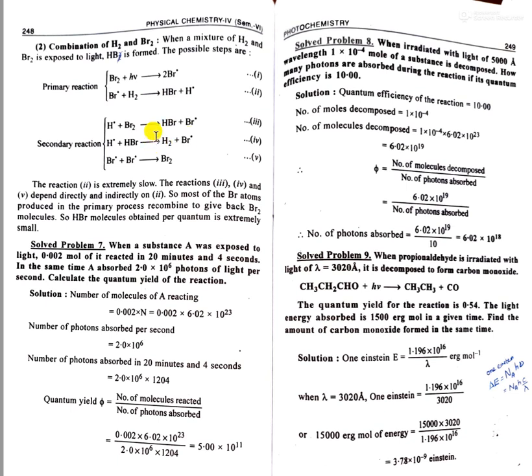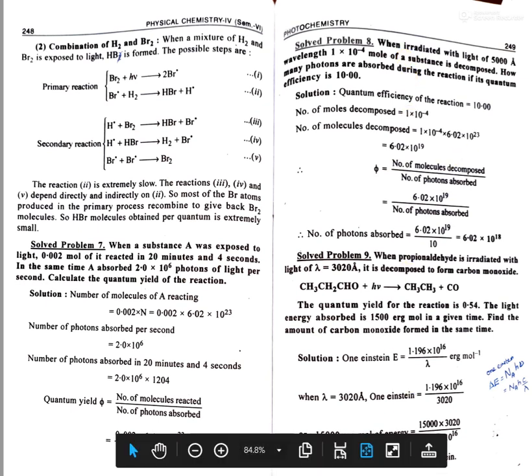So we can see that H2 is formed back here. Also two Br dot free radicals can combine to form bromine back. So in secondary reaction steps like this, bromine and H2 are formed back. So in such cases also the quantum yield will be decreased. So these are the problems.